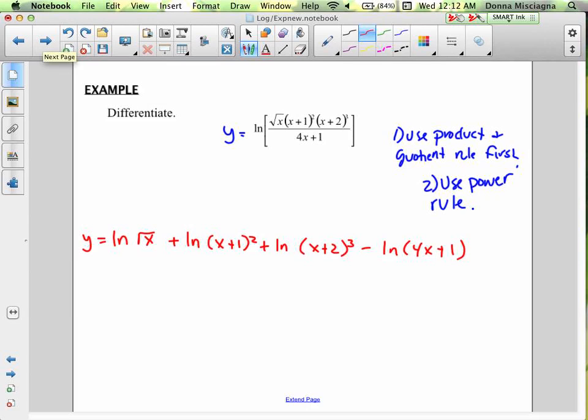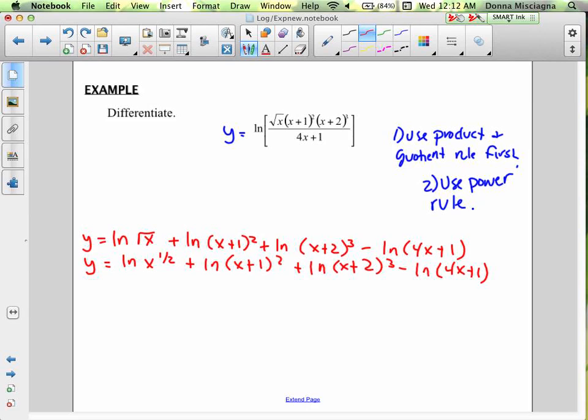Now we're going to use the power rule. Let's first rewrite that. This is y equals natural log of x to the 1/2 plus natural log of x plus 1 squared plus natural log of x plus 2 cubed minus natural log of 4x plus 1.